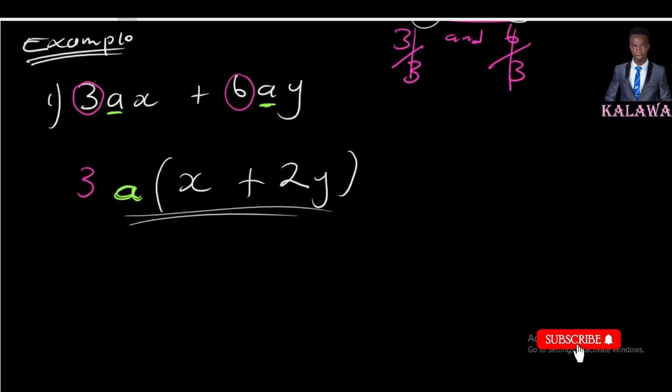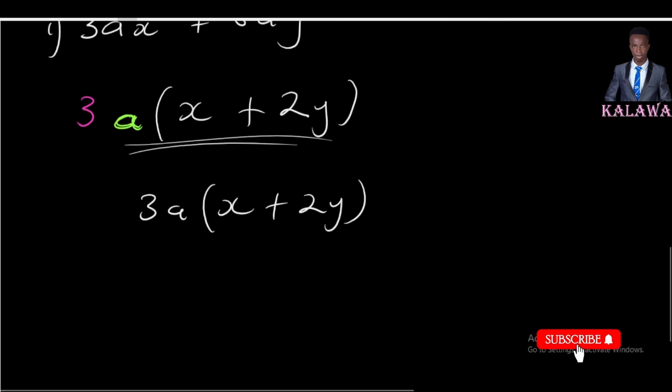And if we do the inverse, let's just do the inverse for you to prove we can still have the same answer. So let's do the inverse now. Let's just say 3a into x plus 2y.